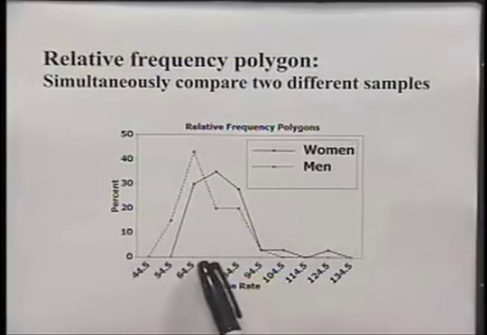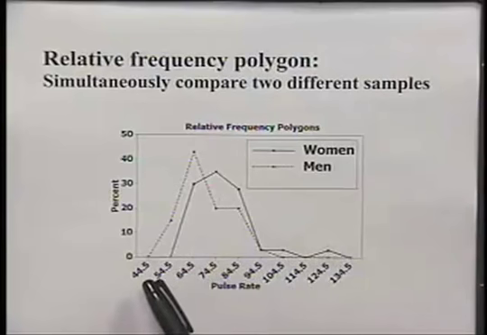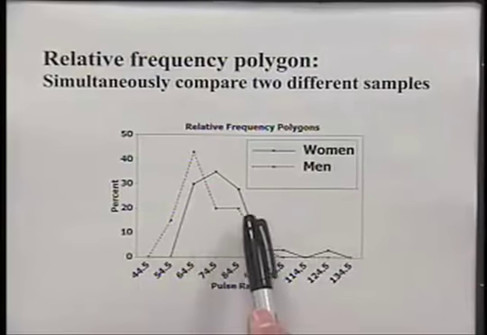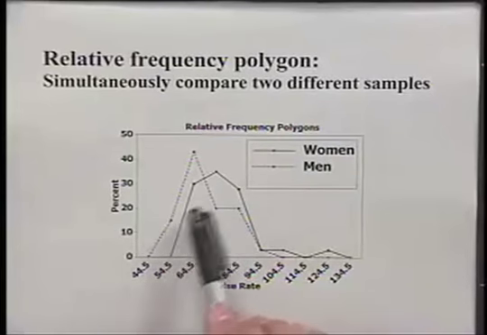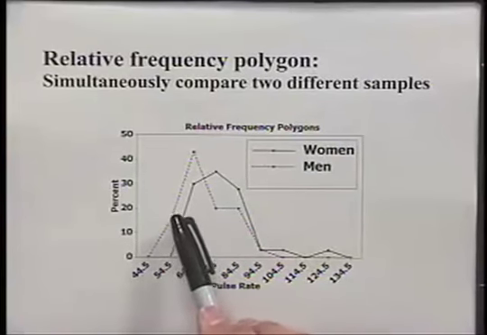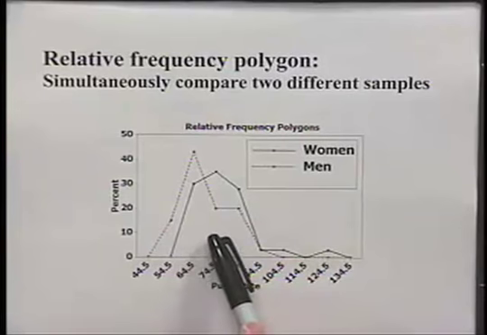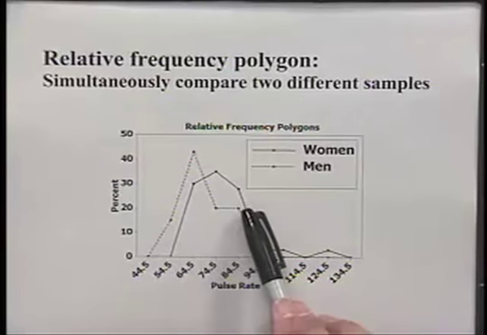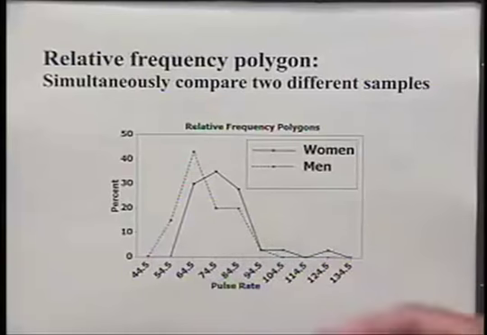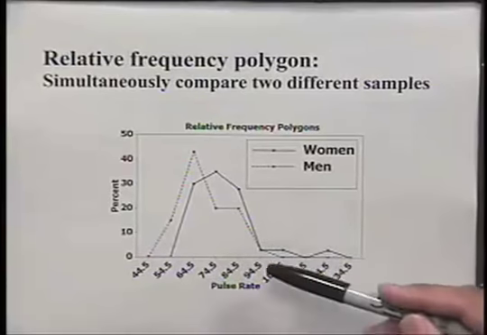By putting them on the same graph with the same scale, I can see that the pulse rates of men seem to be somewhat shifted farther to the left. This suggests that pulse rates of men tend to be a bit lower than the pulse rates of women. That just jumps out at me.